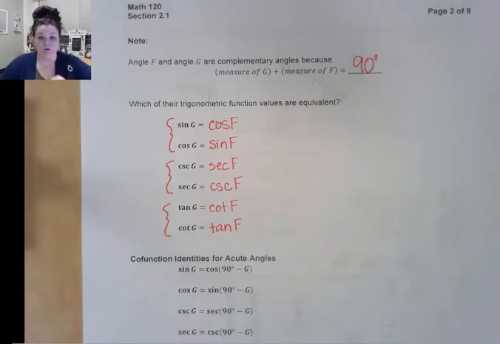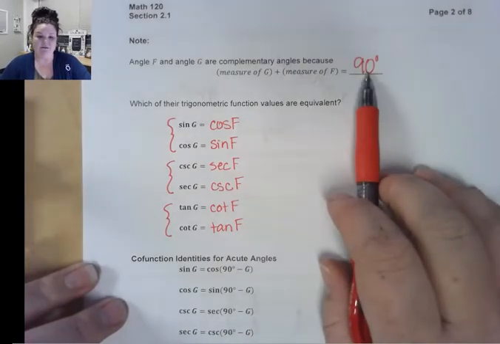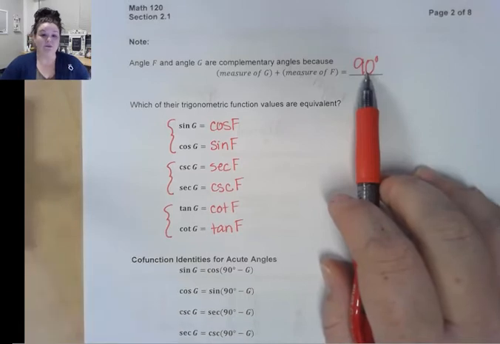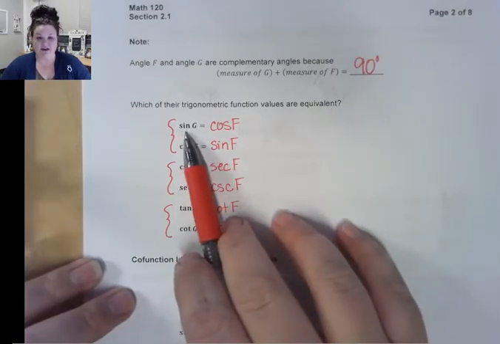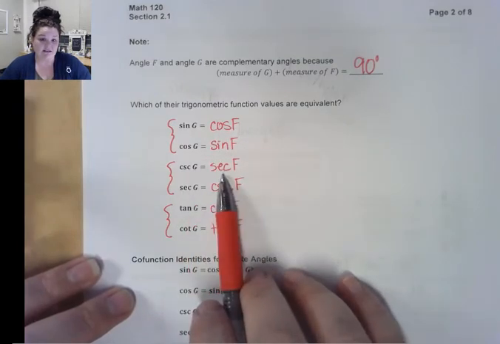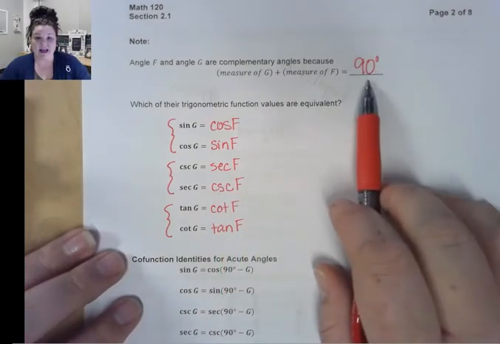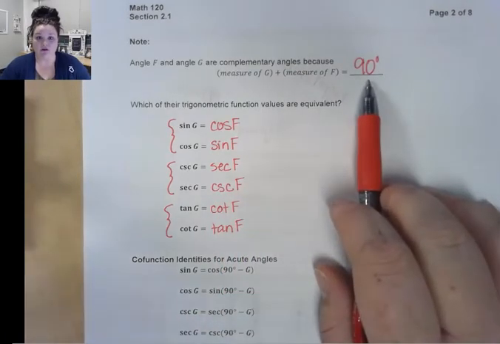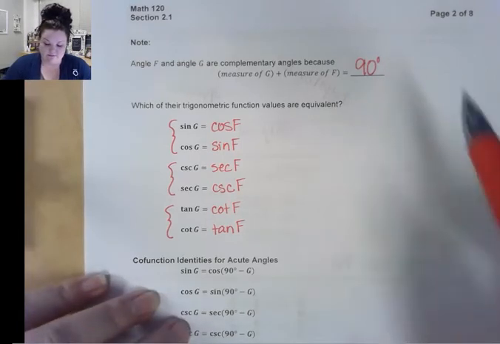Now, how we're going to use this to help us out. We're going to use this idea that they add up to 90 to be able to either rewrite a sine value as a cosine value, or a cosecant as a secant. Sometimes we just want to rewrite it. Or we can use this idea that they add to 90 to solve for what one of the angles actually is. So in other words, let me write this out.